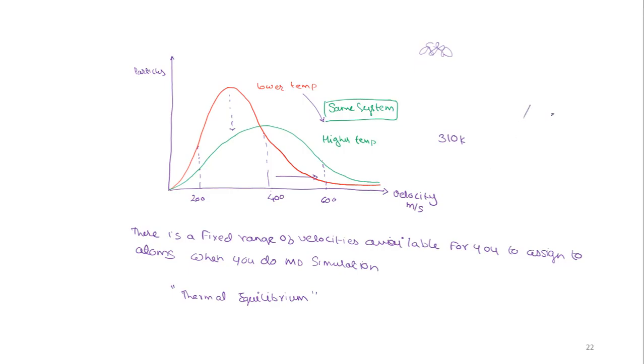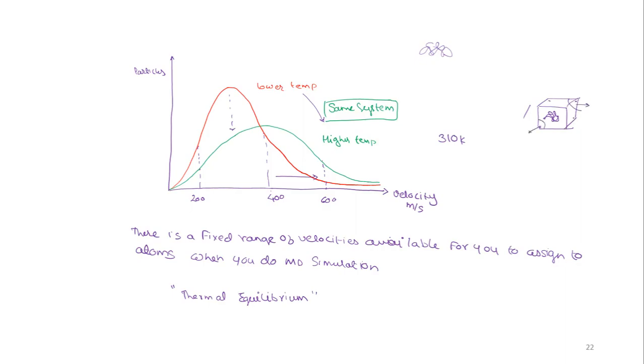For example, if you have solvated your protein molecule in a water box, such a protein water system is in thermal equilibrium when the temperature is constant throughout your box. It should not happen that this portion of my box has one temperature and that portion has a different temperature.